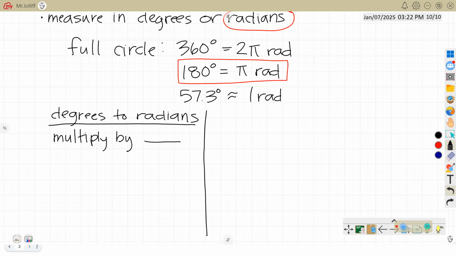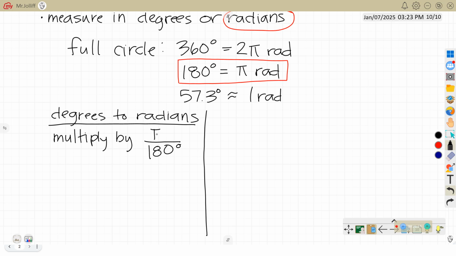And the question is, what goes in the fraction? If you've had Miss Lark for science class, she may have taught you about stoichiometry and the joy of unit cancellation. That's all we're doing here. I want to get rid of degrees, and the degrees are on top, so I'm going to put degrees on the bottom. 180 degrees, because degrees on top and degrees on bottom will cancel. Gets rid of the unwanted unit.